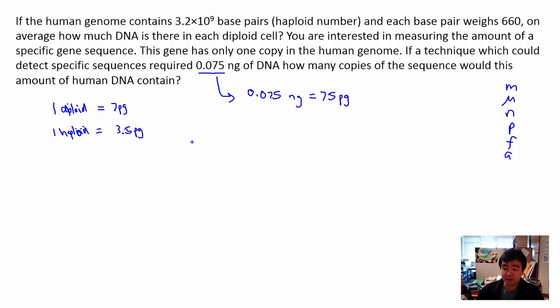Okay, so now the question is, if you've got a technique which requires 75 picograms of DNA to work, and each haploid genome carries around 3.5 picograms of DNA, then how many of these haploid genomes will be able to supply the necessary 75 picograms in order for this technique to work well? If one haploid genome weighs 3.5 picograms, then let's put 75 on this side, and then convert that.